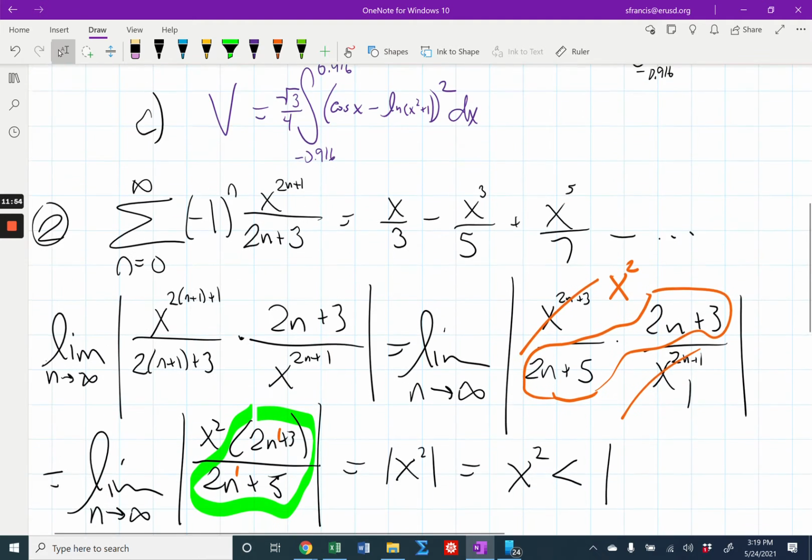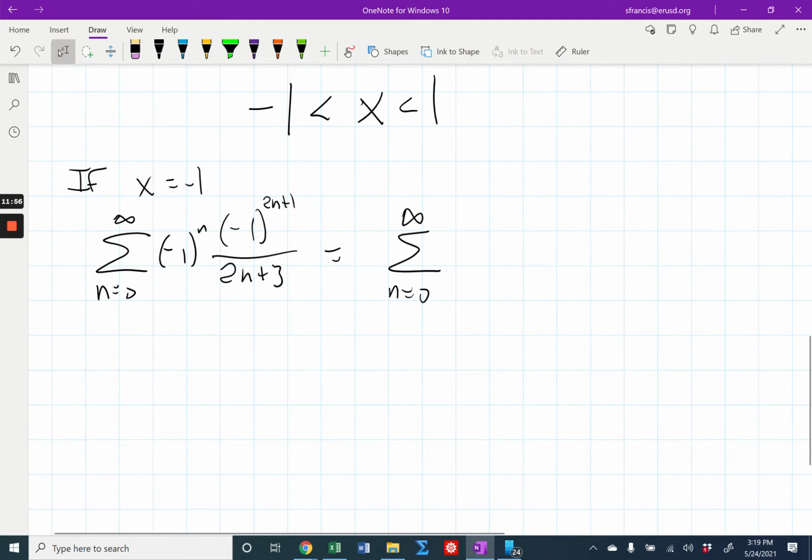Okay. So this thing up here, this is always an odd number, which means that this is always negative. And this one over here is sometimes negative and sometimes positive. So when n equals 0, this is going to be positive times a negative, so we get a negative. When n equals 1, this is going to be a negative times a negative, which is going to be positive.